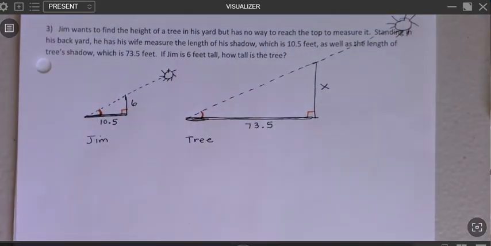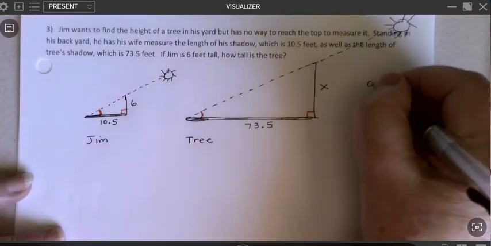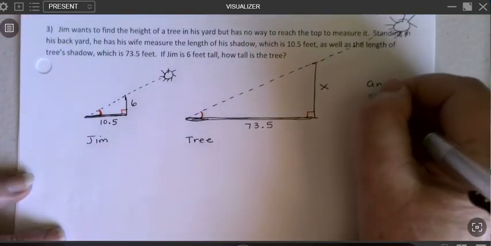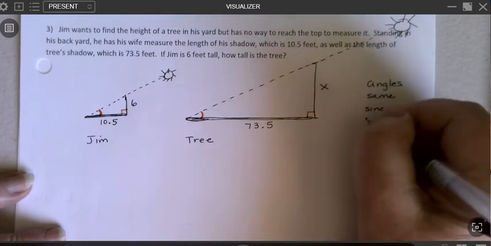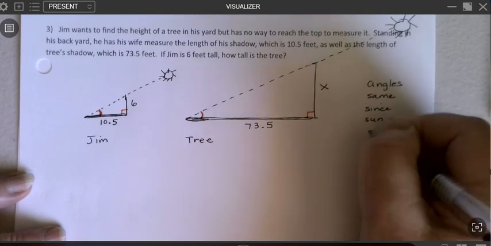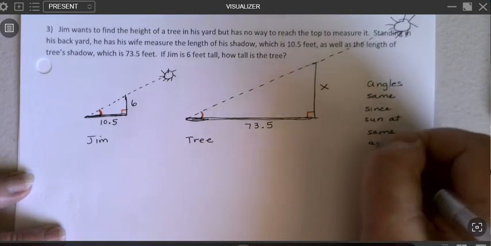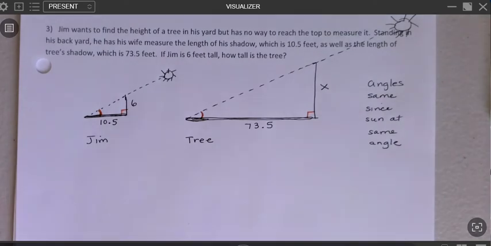So I'm actually going to use kind of a physics or a meteorology argument and say those angles are the same, not so much mathematically reasoning, but just reasoning that the sun would be at the same angle in the sky. All bets are off if they measure the shadows 2 hours apart or something, but as long as they measure them at basically the same time, we're good to go.